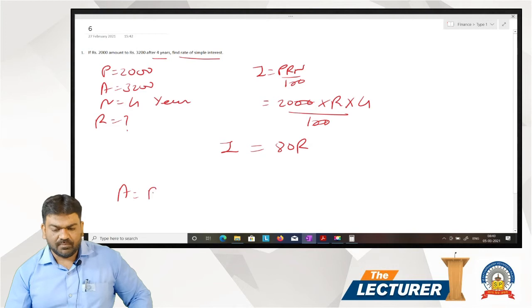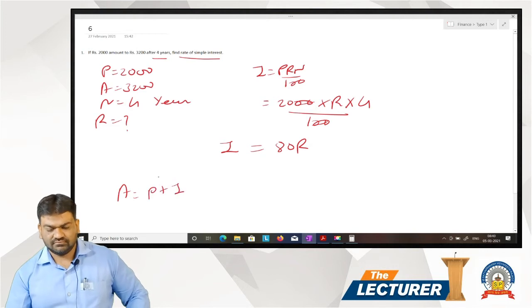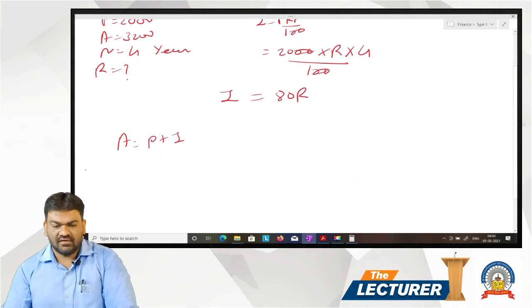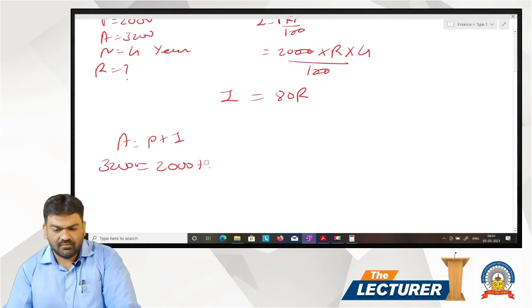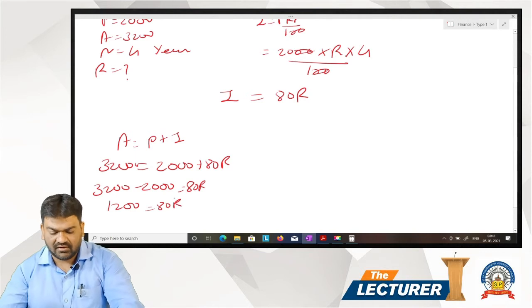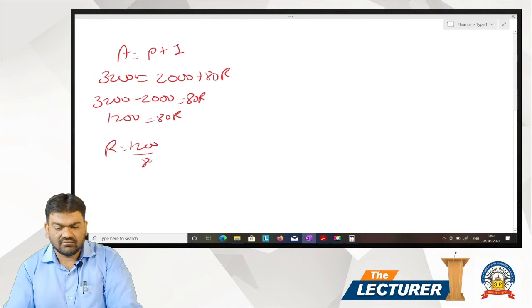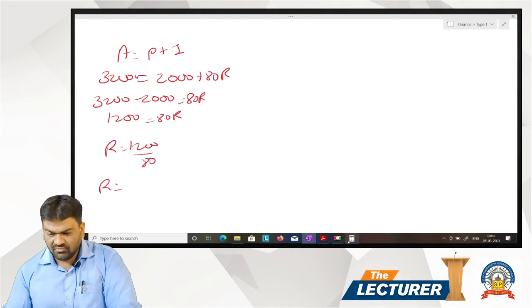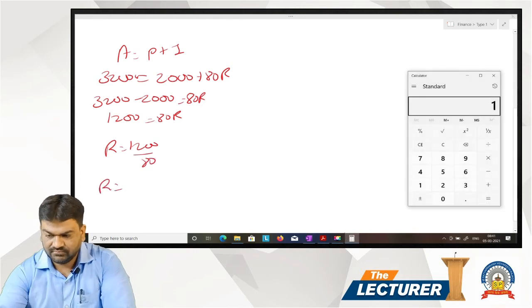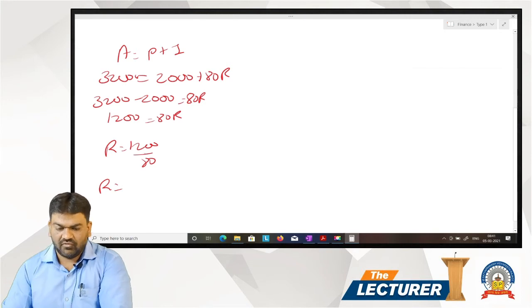A is equal to P plus I. A is equal to 3,200. P is equal to 2,000 plus 80R. So 3,200 minus 2,000 is equal to 80R. 1,200 is equal to 80R. 1,200 divided by 80 is equal to R. So R is equal to 1,200 divided by 80, that is 15.